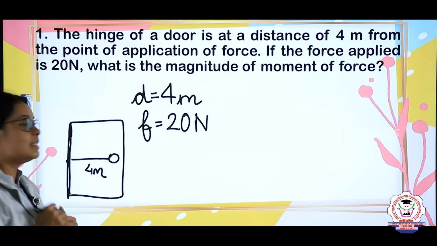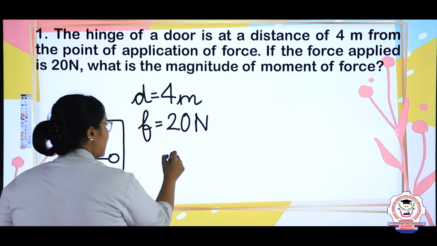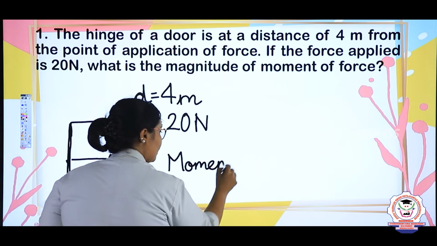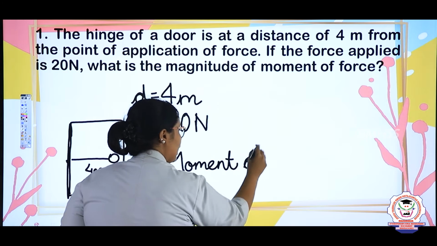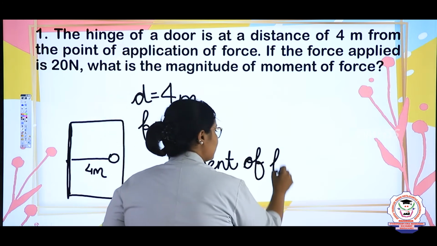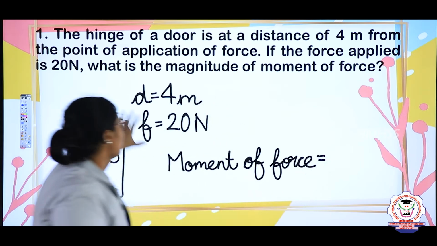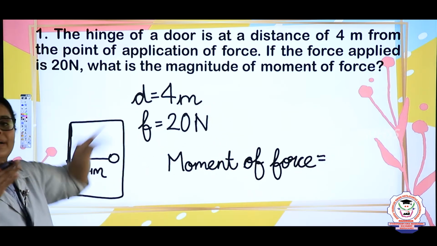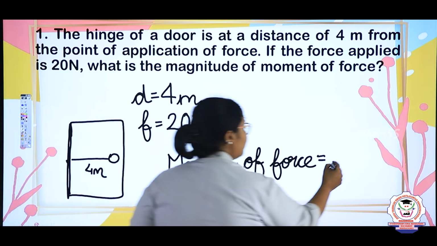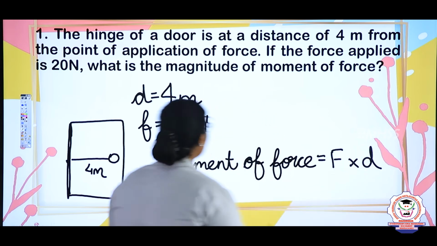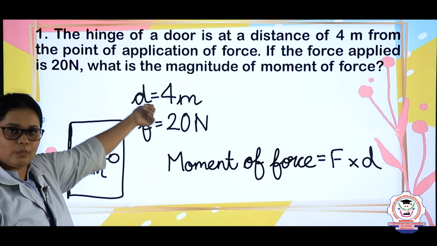So moment of force has a formula, which you can write out: moment of force is equal to the force applied times the distance, so it will be force multiplied by D. So here we know what F is and we know what D is.